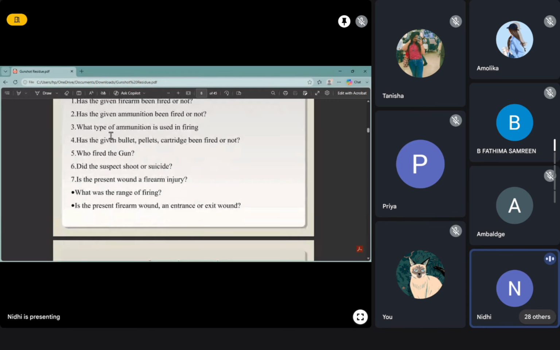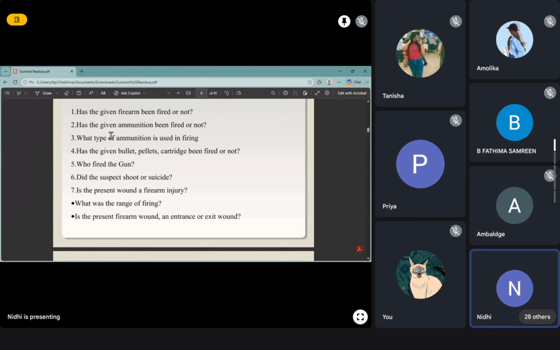Who fired the gun? How will we determine who fired the gun? Can anyone tell me about this? In which context is this question of who fired the gun used?